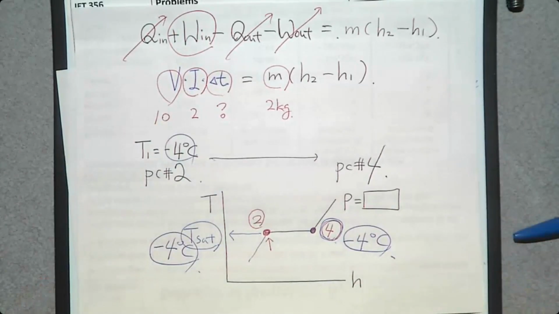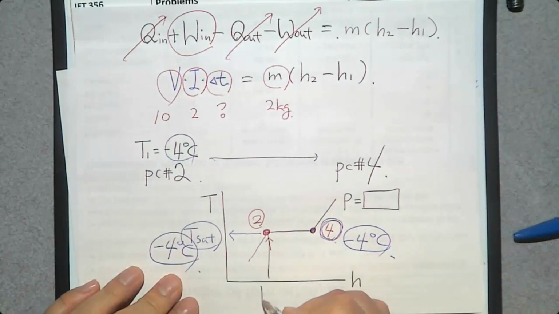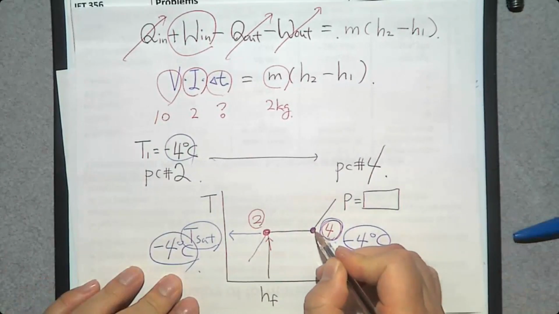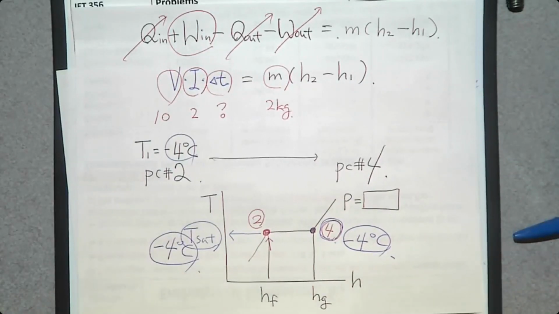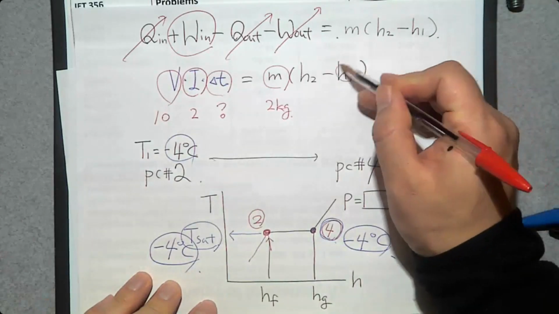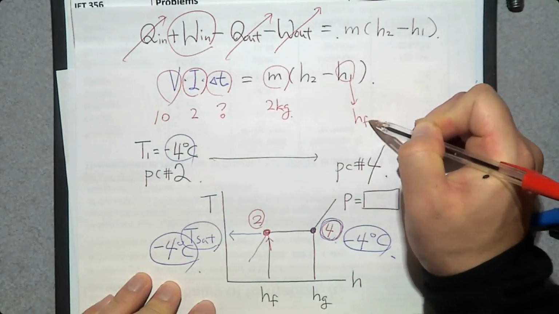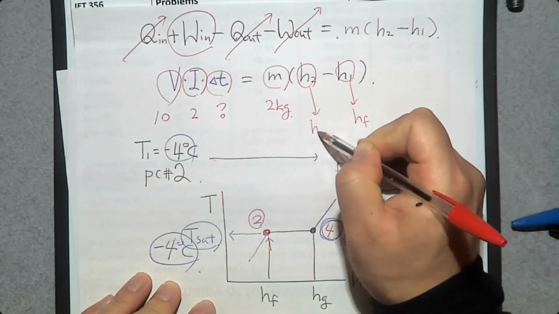How do you determine H1, H2? Hf, Hg? Initially saturated liquid, finally saturated vapor, from here to there. Then H1 is going to be Hf, H2 is going to be Hg.